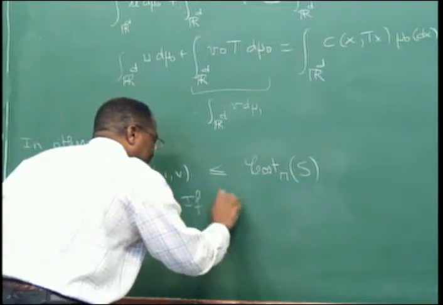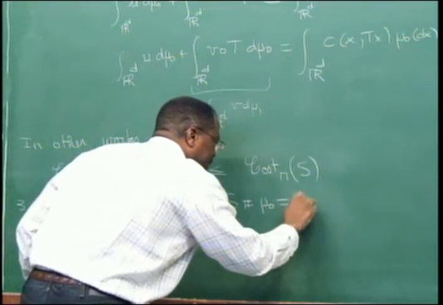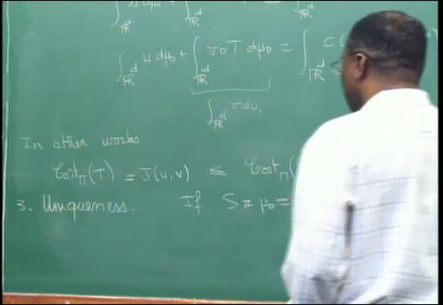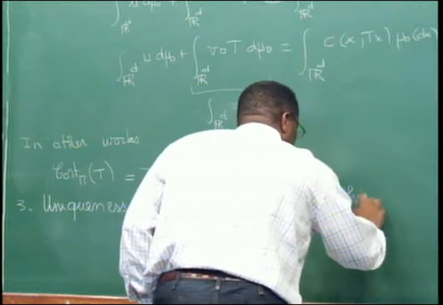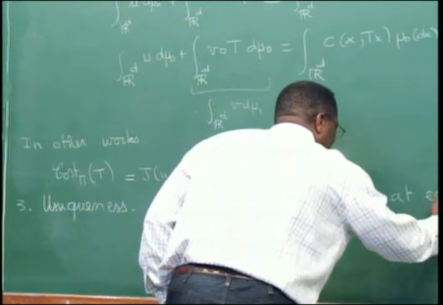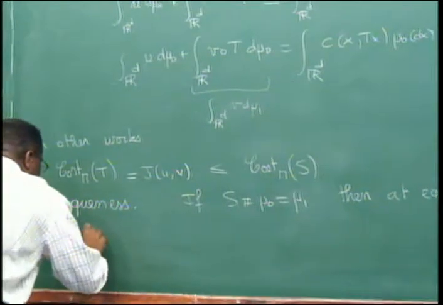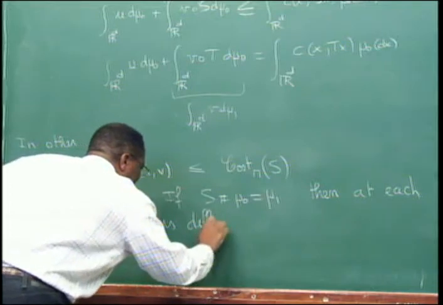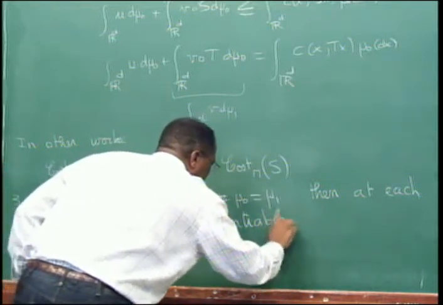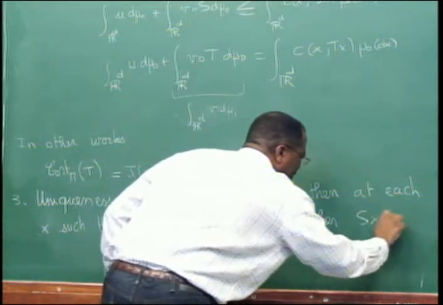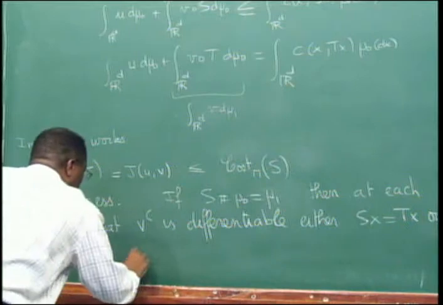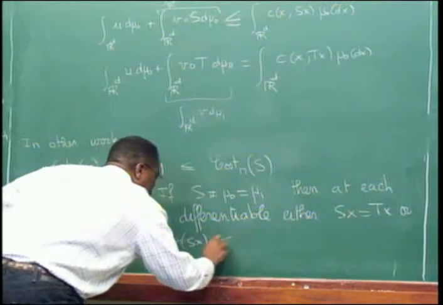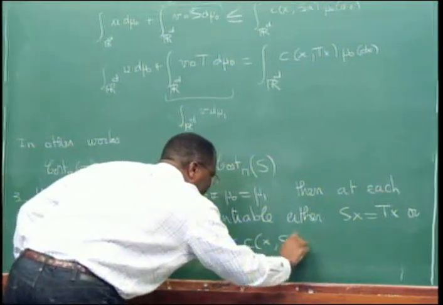If S pushes mu naught forward to mu1, then at each x such that V^c is differentiable, either S of x is T of x, or U of x plus V of S of x will be strictly less than c of x, S of x.